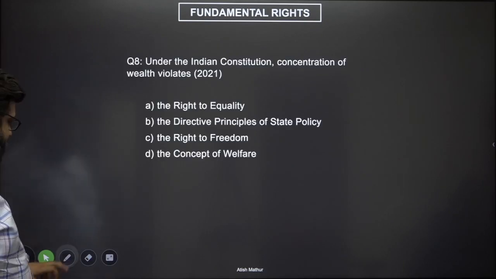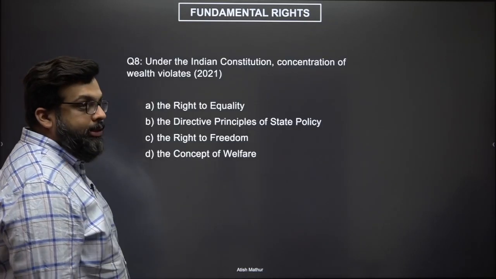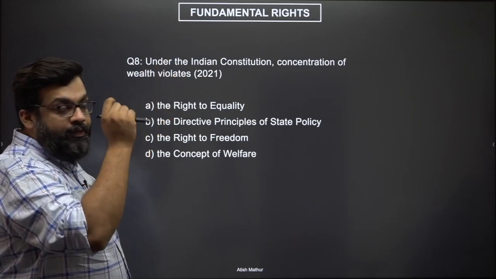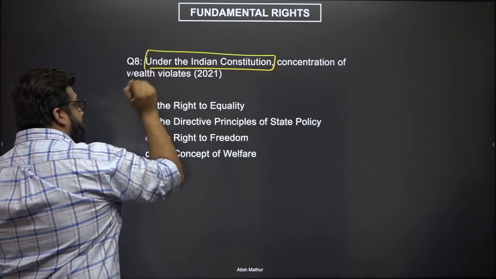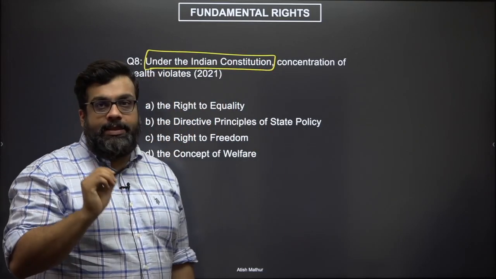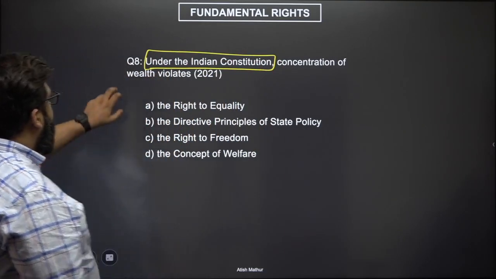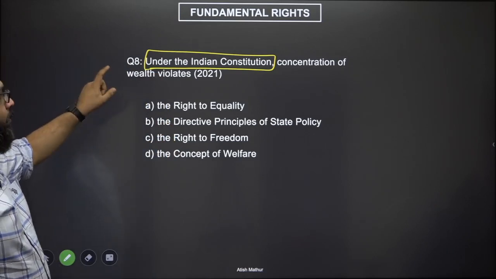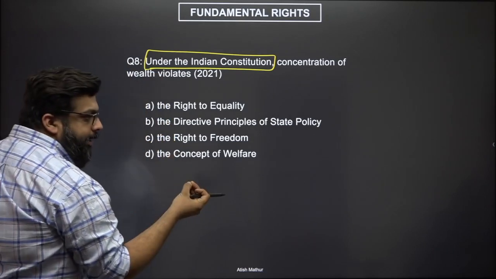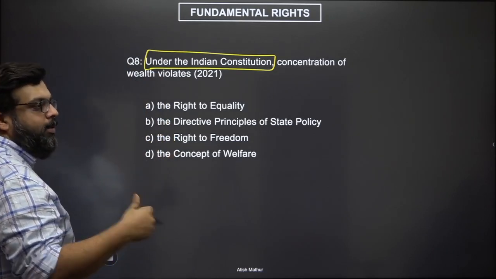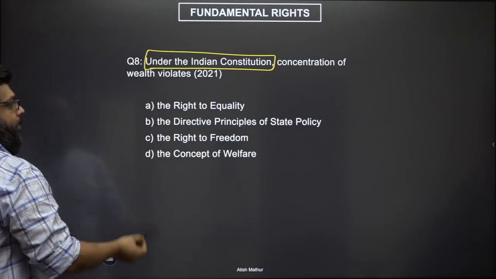Now, under the Indian Constitution, the first inference, this has to be explicit. It has to be mentioned as it is under the Constitution. The concentration of wealth violates what? If far too few people have too much wealth, what is it violating?